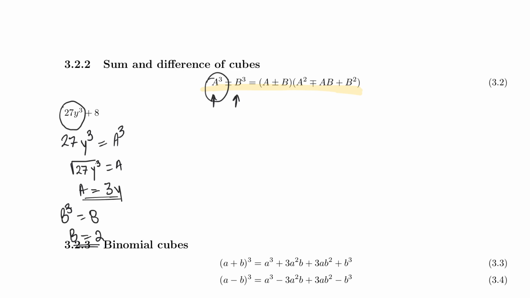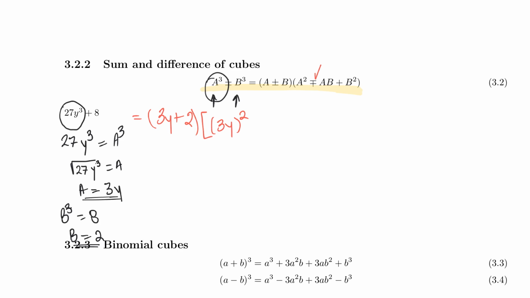Now, with these two values, we just expand the binomial. The equation says (A + B), what is A? 3y, plus B, B is 2. And then we have A squared. What is A for us? (3y)².